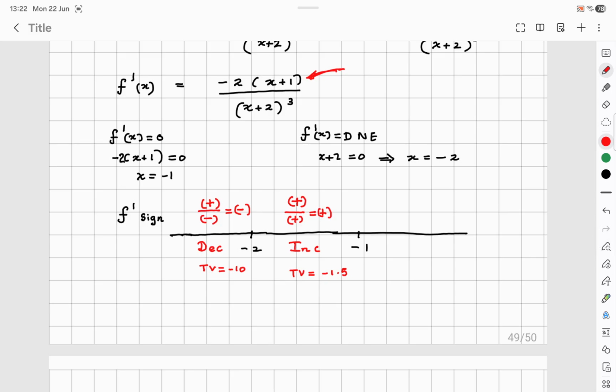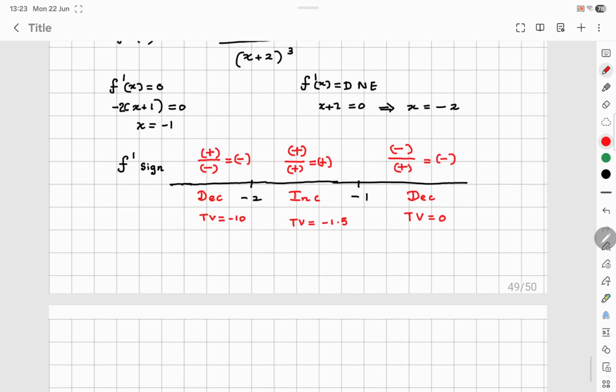Now let's figure out the final interval, greater than minus 1. What's the easiest test value? 0. So the numerator becomes minus 2 into 1, which is minus. The denominator is plus, so the total sign is minus. So this is decreasing for values greater than minus 1, right?